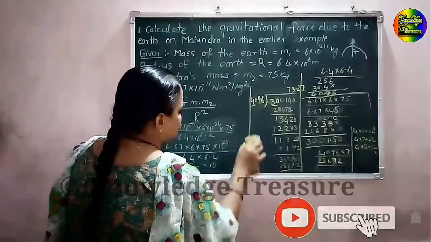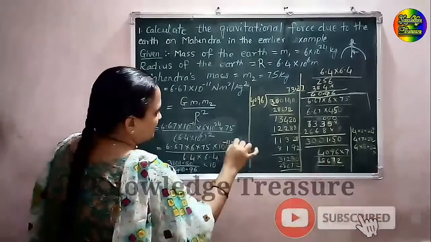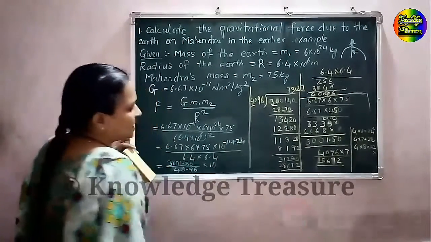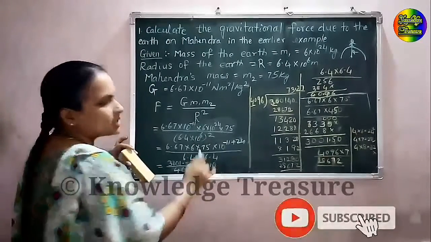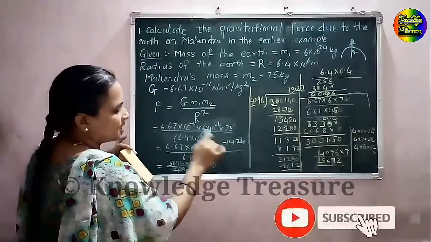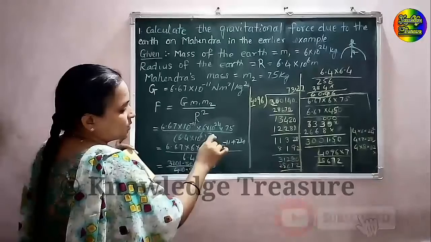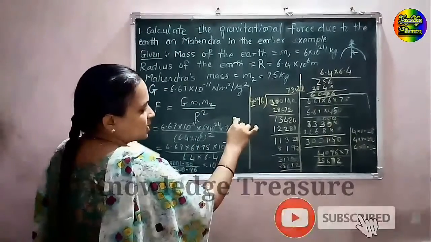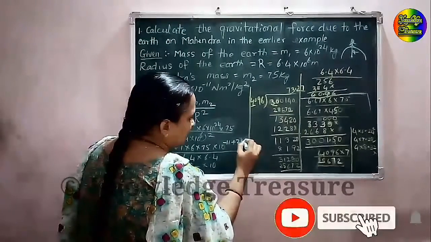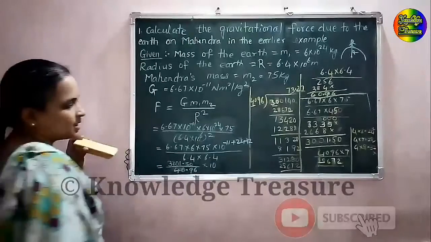Here you can write it like this also, minus 11 plus 24. And this one, 10 power 6 into 2. According to the law of indices, a power m whole power n is nothing but a power mn. So 10 power 6 into 2 means 10 power 12. When it comes to the numerator, it takes the minus sign, so you write minus 12.